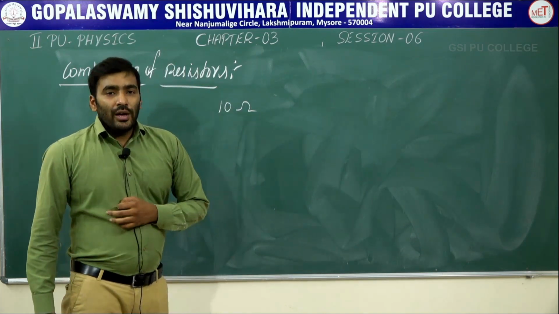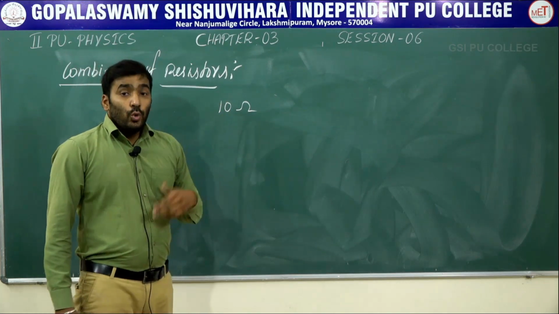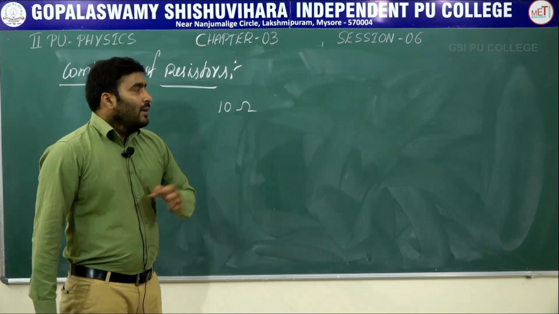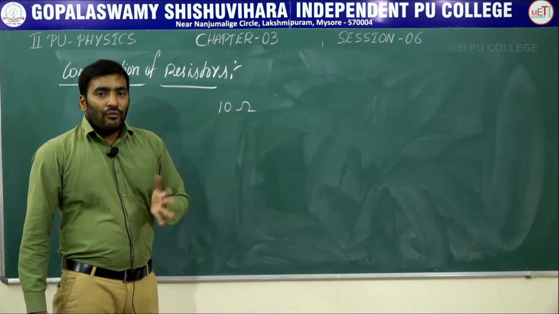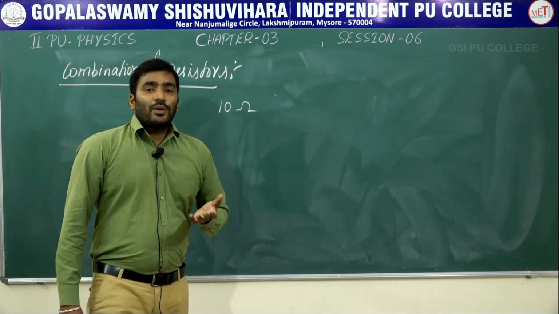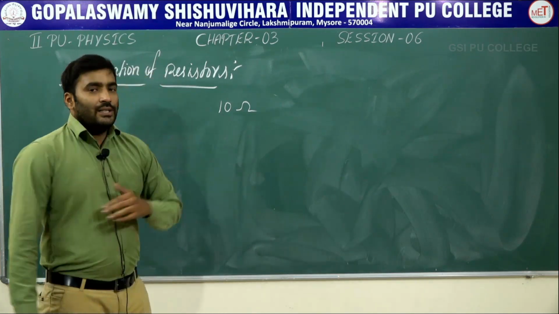So what I can do is combine this 10 ohm resistor 2 times in series to get a 20 ohm resistor, or if I combine the 10 ohm resistors in parallel, we get a 5 ohm resistor. So how can we vary the value of resistance by combining 2 or more resistors? That can be seen in this heading.